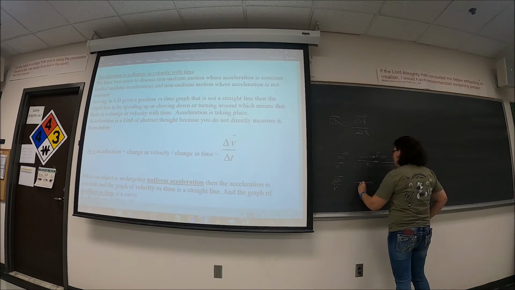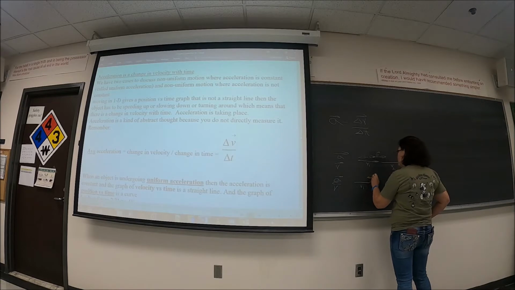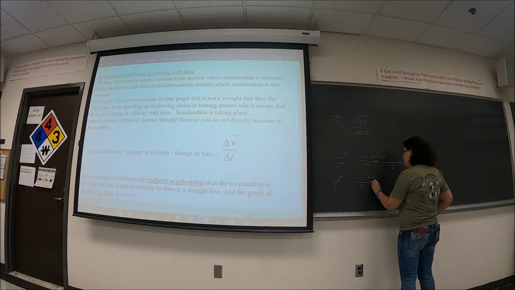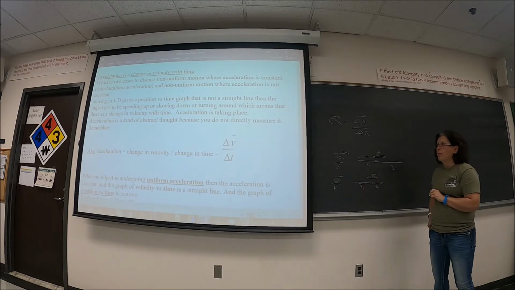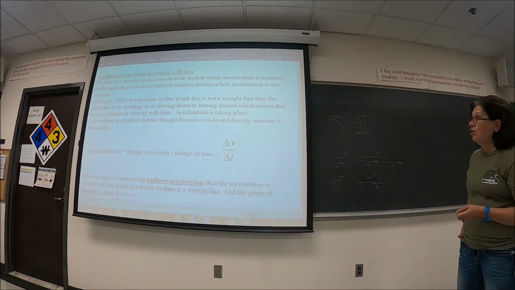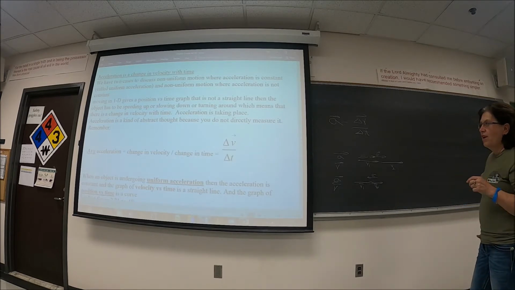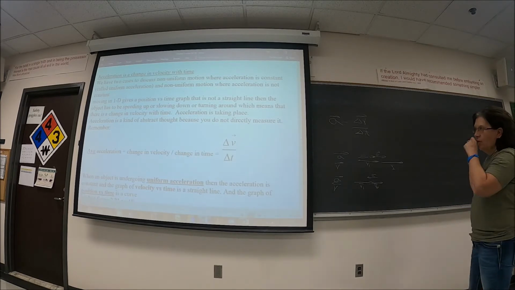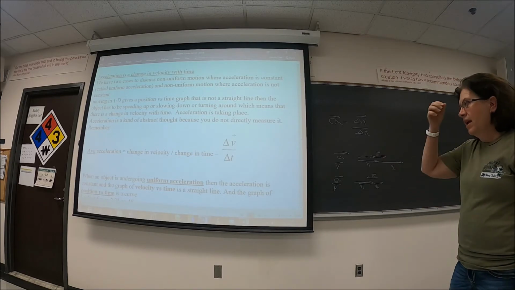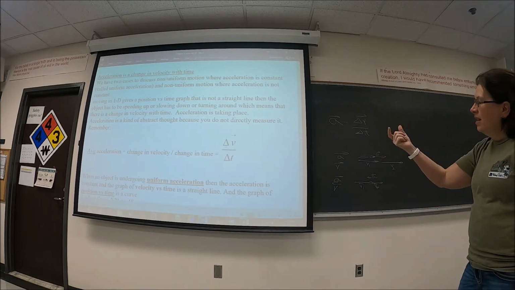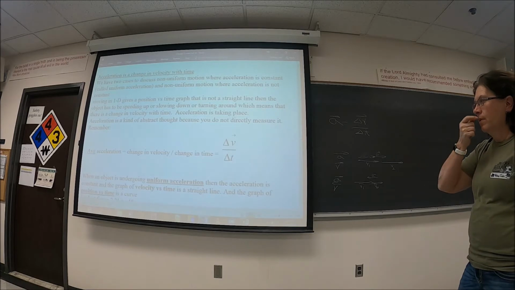If here's velocity vector 1, and at this point the acceleration points in this direction, we know that velocity vector 2 is going to be shorter. Okay? That's some general things we know. Now, we know that average acceleration, delta v over delta t, can be over any time interval.